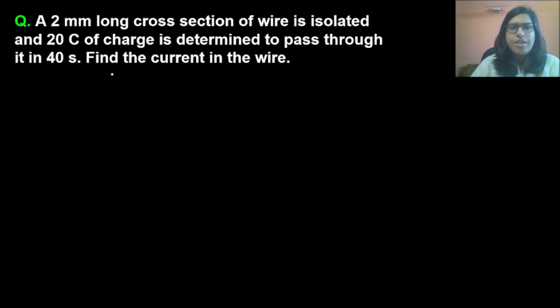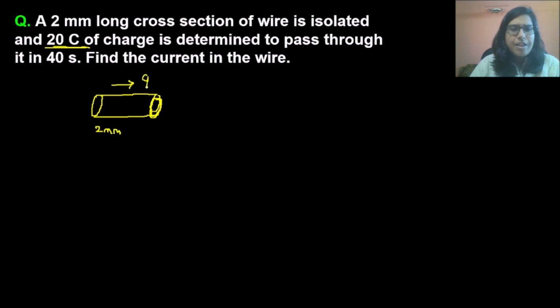In this question we are given a 2 mm long cross section of wire, and 20 coulomb of charge is determined to pass through it in 40 seconds. Find the current in the wire. So there is a cross section of 2 mm length.